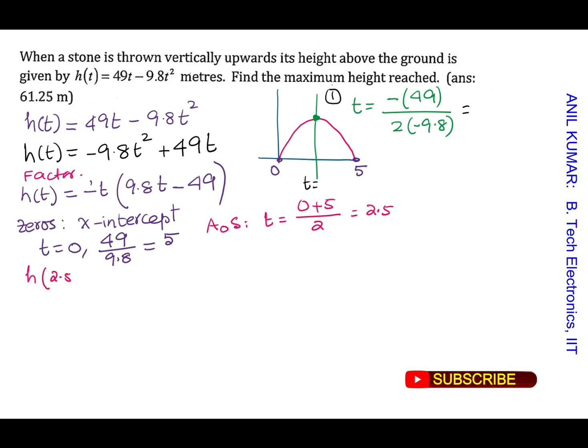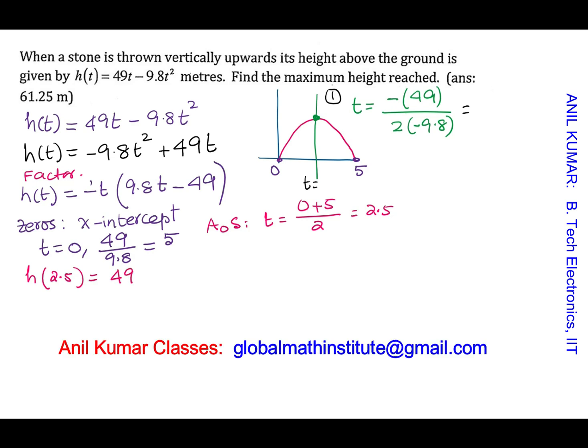At 2.5, you can substitute in the first or second equation as you wish: 49 into 2.5 minus 9.8 into 2.5 square, and calculate this value.